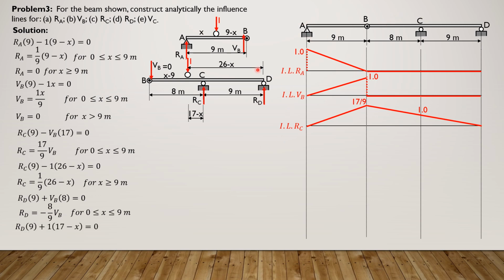So R sub D times 9 plus 1 times quantity 17 minus x equals 0. So RD is negative 1 over 9 of 17 minus x. And this is for 9 less than or equal to x less than or equal to 26 meters. That's the other way. So let's plot.